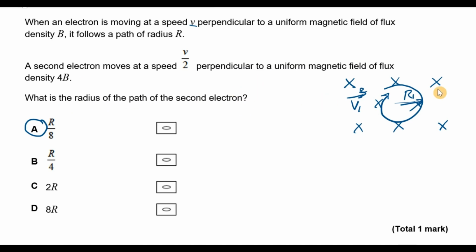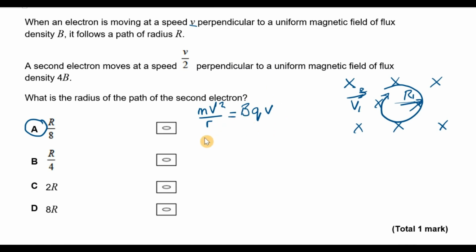Well, let's just first of all come up with an equation for the radius. It moves in a circle because there's a centripetal force which is equal to the mass times the velocity squared over the radius of rotation, and that centripetal force is produced by the magnetic field acting on the charge on the electron, and that's equal to the magnetic field strength B multiplied by the charge on the electron multiplied by the velocity of the electron.